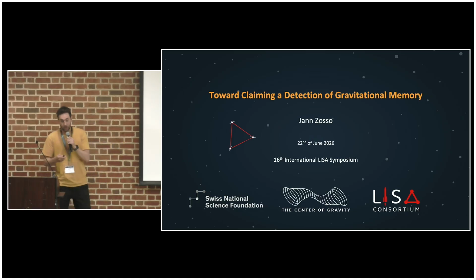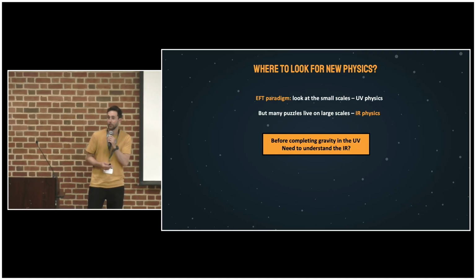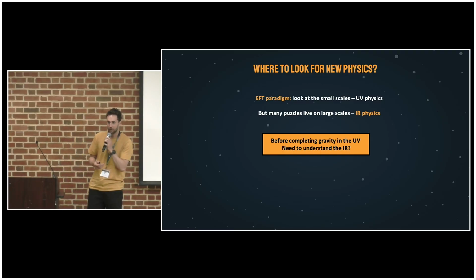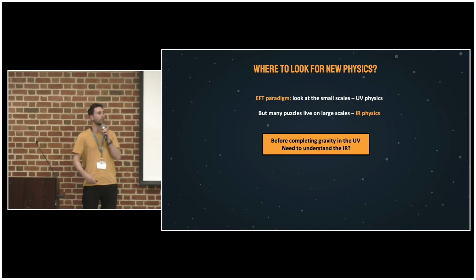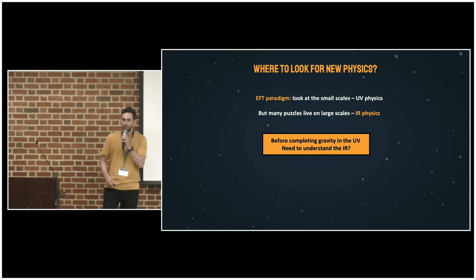All right. So I want to start this talk with maybe a bit of a provocative question, just to spark up the minds in this afternoon session after lunch. The question is, where do you think we should look for new physics in general? From an effective field theory perspective, it is very clear that the unknown should lie in the small scales, the high energies, the UV physics.